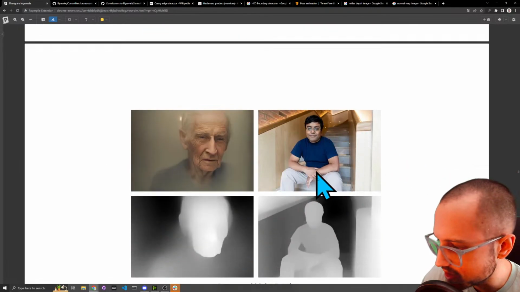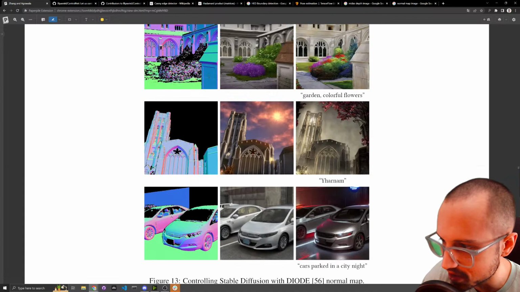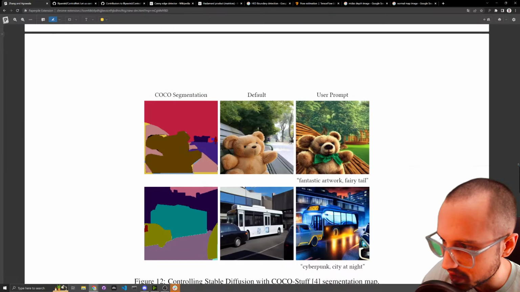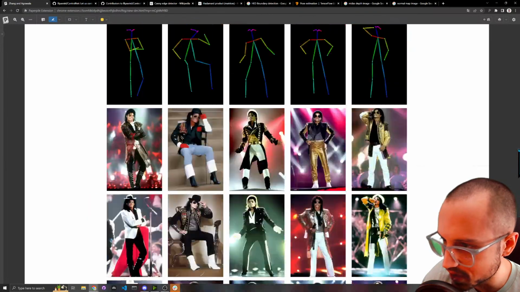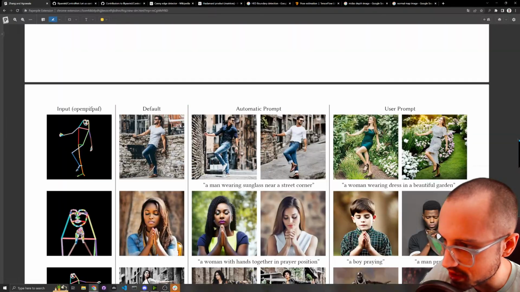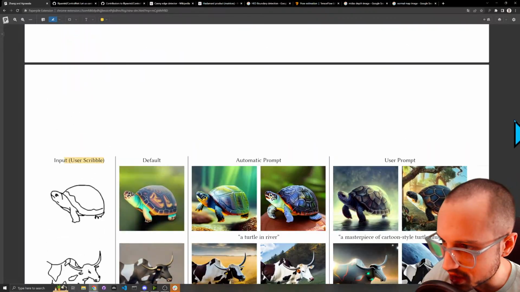This man here is definitely hyped about this. You're probably going to start seeing this in Stable Diffusion's product as quickly as possible. I think you're going to start seeing this in a bunch of different AI generative art tools as quickly as possible.